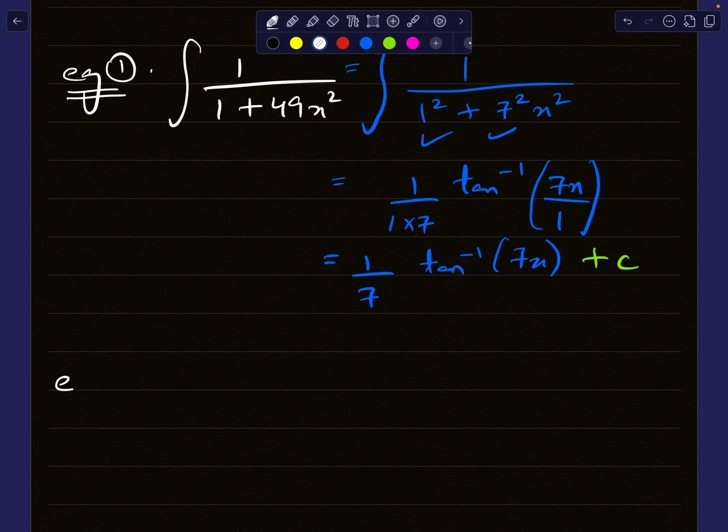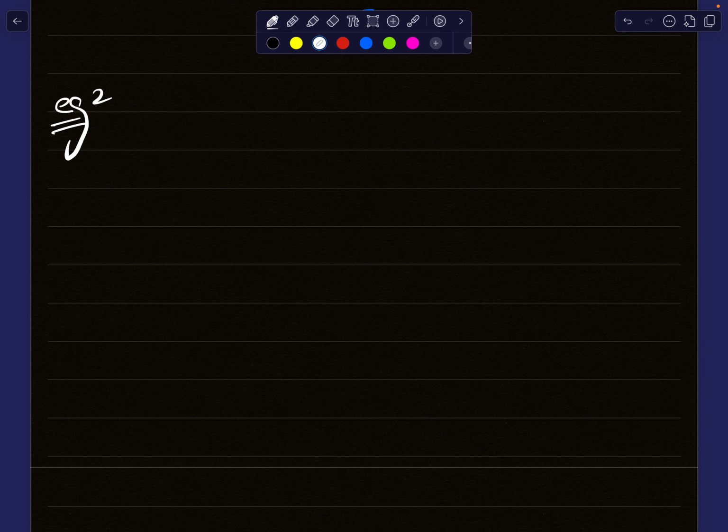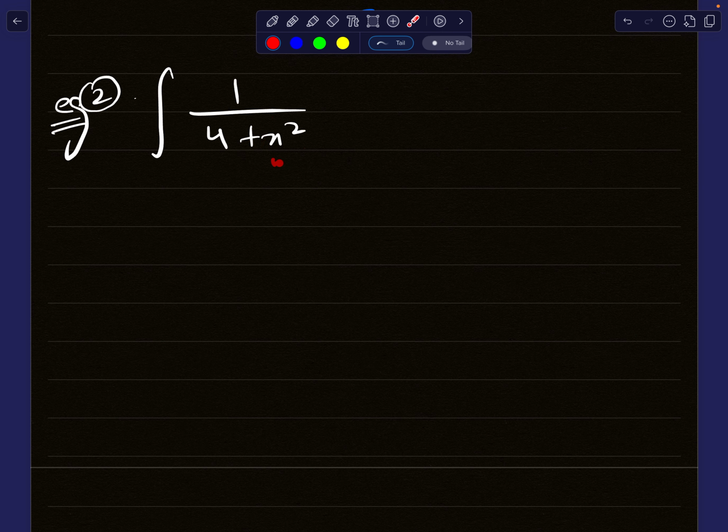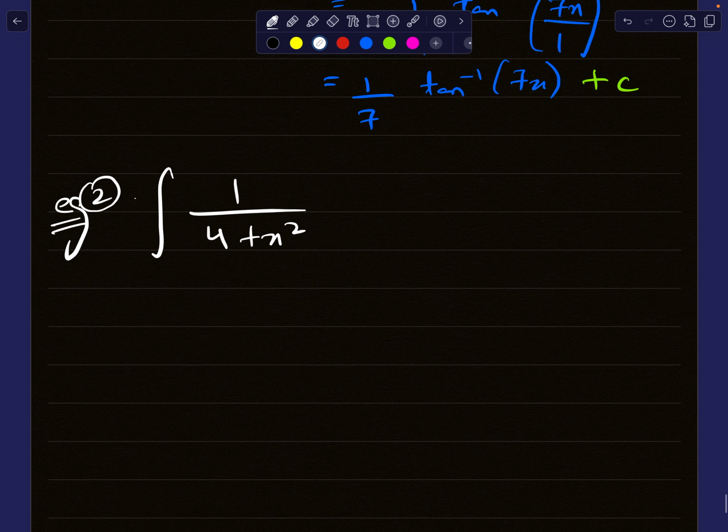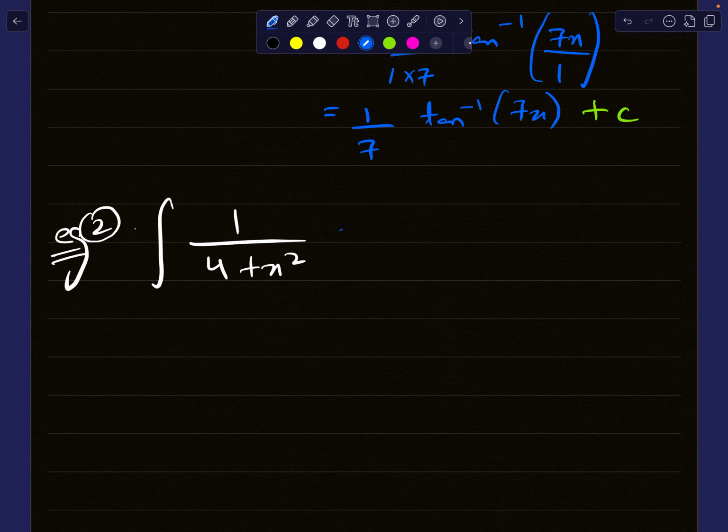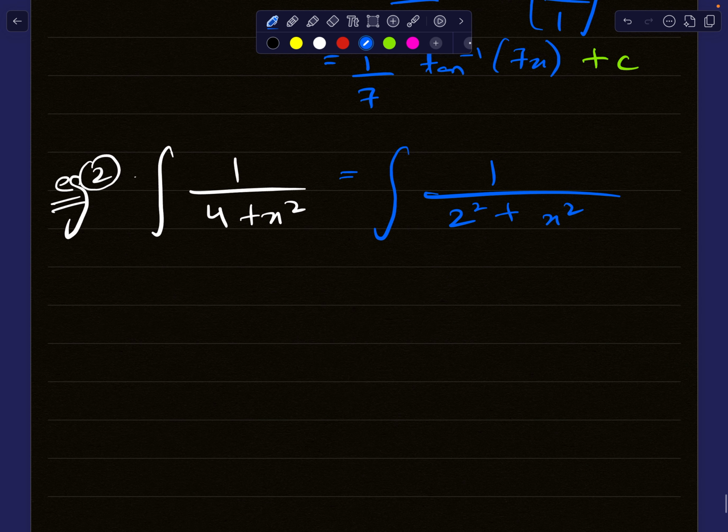Then our second numeric example could look something like this. Let's say we have 1 over 4 plus x square. x square is always second and we cannot switch the position. x square must always be second for the integration to give tan inverse. So first of all, write this in its simplest form. The constant comes first and then we have x square, which cannot be simplified further. So we identify that this has something to do with tan inverse.